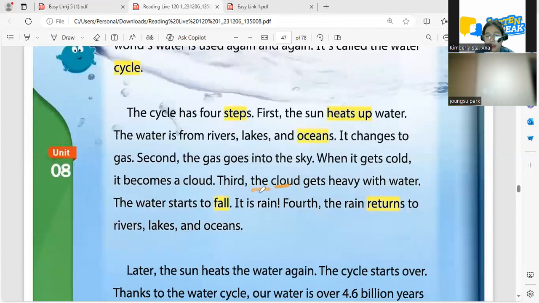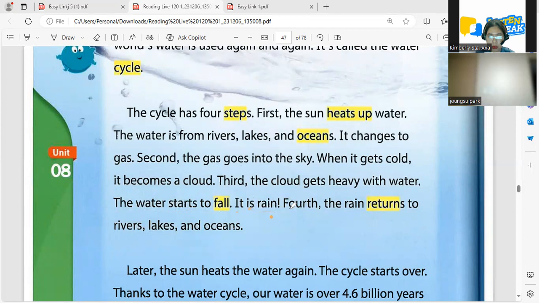The cloud gets heavy with water. Water starts to fall. It is rain.